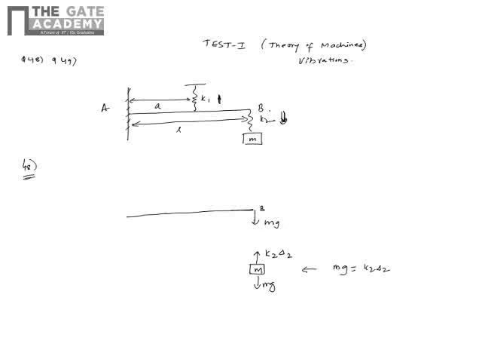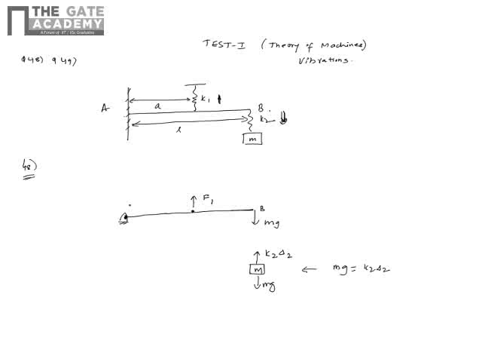Now this expands by some amount, so this is just a free body diagram. Say the force that comes from the spring is F1, and at this point you have the reaction forces. One thing I want to make clear is that this should be able to freely rotate about this point.